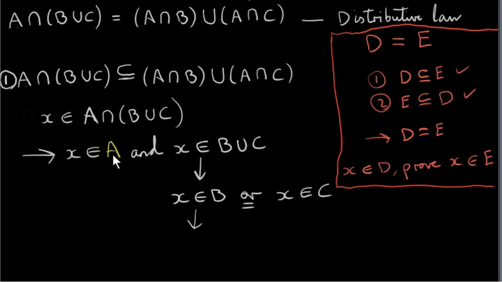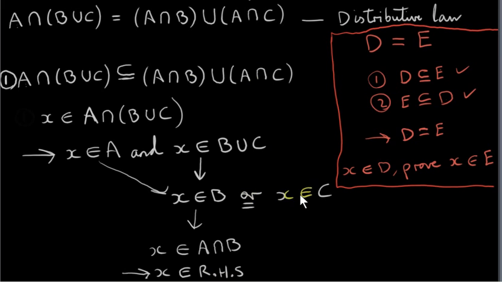Well, we already know that it's in set A. So if it's in set B as well as set A, then it must be in both A and B. It must be in the intersection of A and B. But if X is in the intersection of A and B, then it must be in the right hand side, because the right hand side consists of A intersecting B union with A intersecting C. So if X is in here, then it's in the union of A intersecting B and A intersecting C. So I'll just say right hand side here. I don't want to write down all of that.